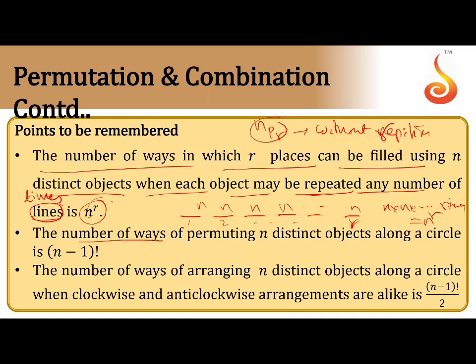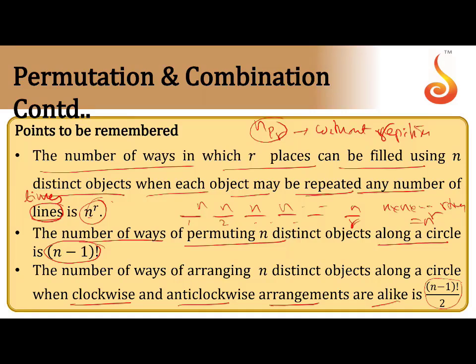Next, the number of ways of arranging n objects along a circle means circular permutations, already explained: n minus 1 factorial. If you follow only one direction, that is n minus 1 factorial. If clockwise and anti-clockwise arrangements are alike, that is the same type, in that case you take n minus 1 factorial by 2.